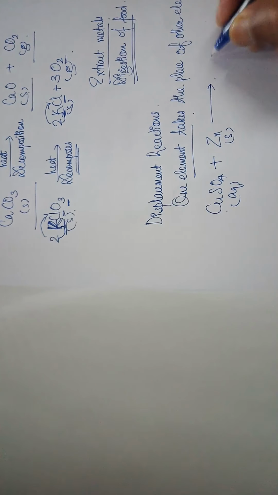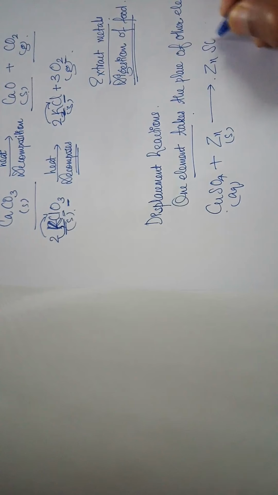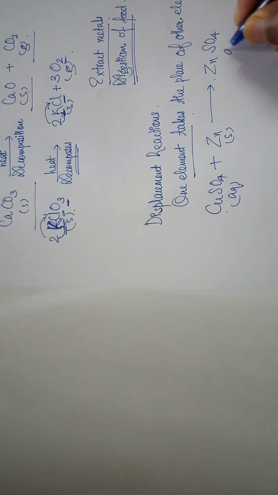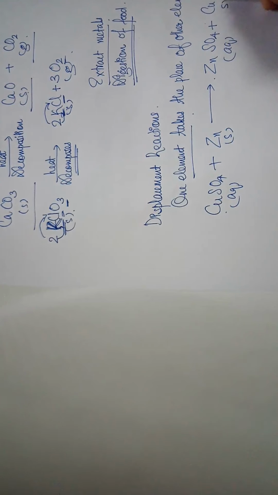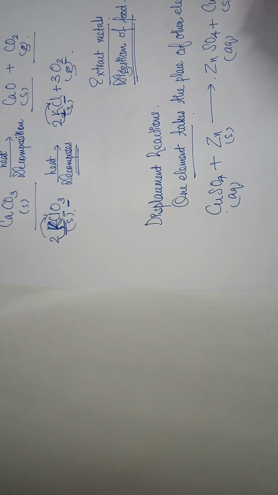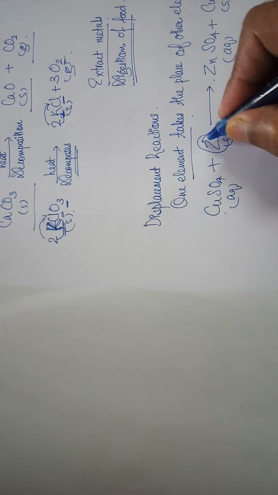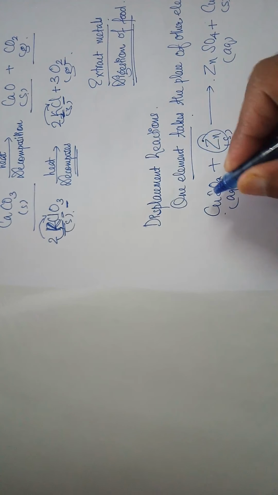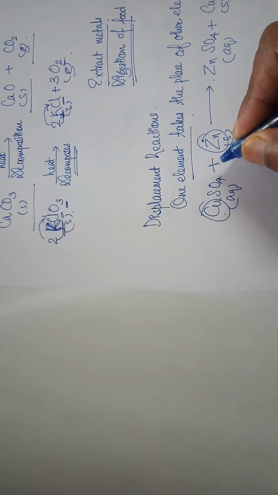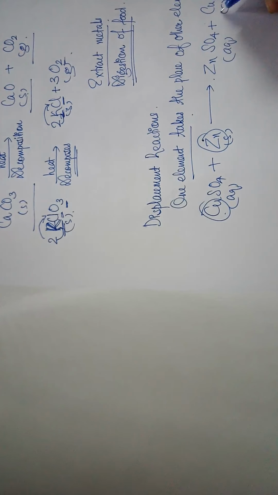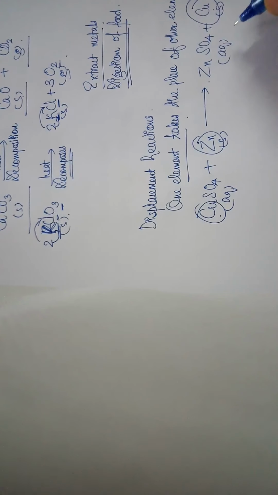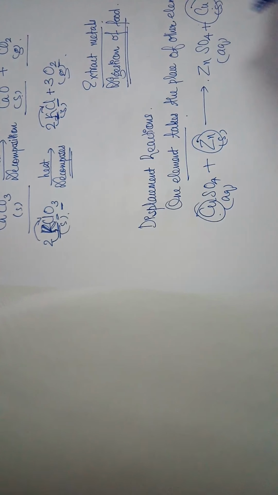That will form zinc sulfate, which is also an aqueous solution, and copper metal is obtained. In this reaction, zinc displaces copper from copper sulfate, so copper is set free, or liberated, we can say.